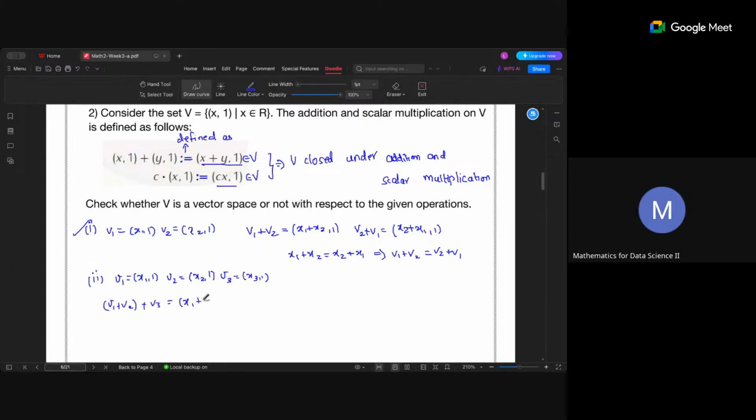So it is (x1 plus x2, 1) plus (x3, 1), which is (x1 plus x2 plus x3, 1). And v1 plus (v2 plus v3) is (x1, 1) plus (x2 plus x3, 1). Again it is (x1 plus x2 plus x3, 1). So both are the same. So this property also holds.